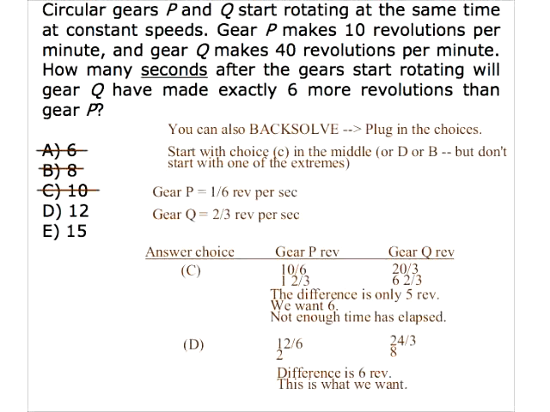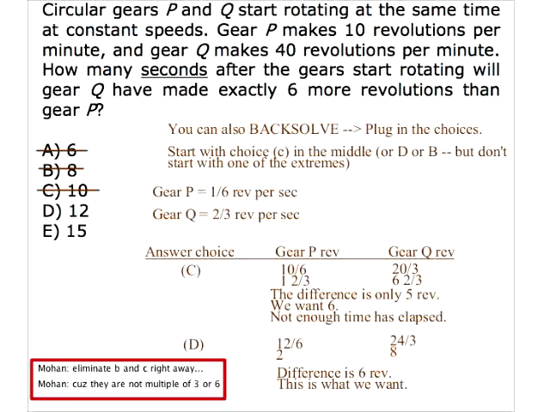This is not really true. Eliminate B and C right away because they're not multiples of 3 and 6. Let me put this in a red box here, and let me write next to it, no, period.